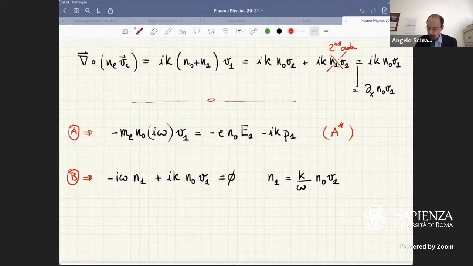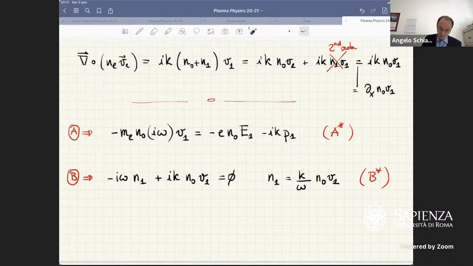And let's call this B star equation. So it's the continuity equation from which we can get a relation that links the perturbation in density to the perturbation of the velocity of the electrons.